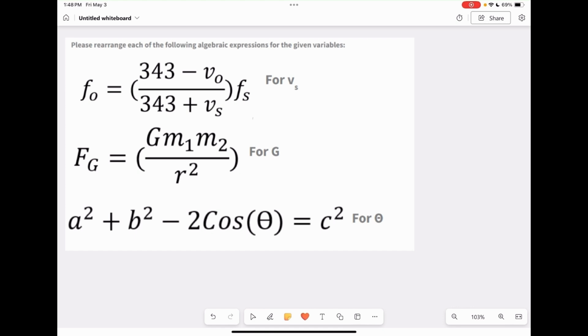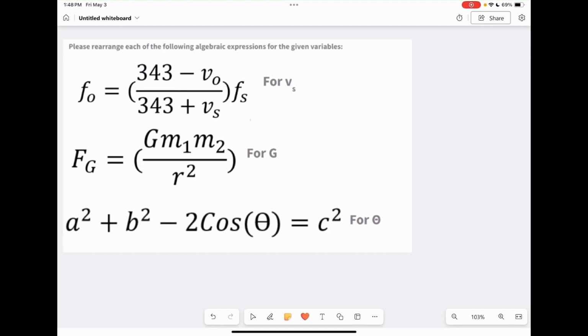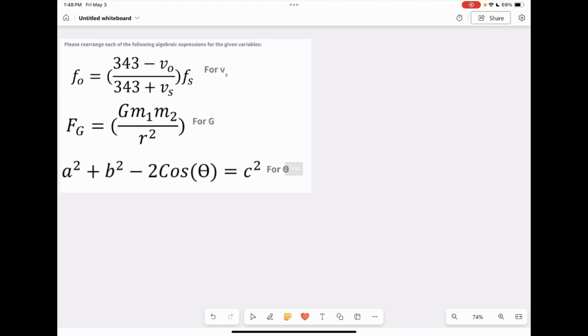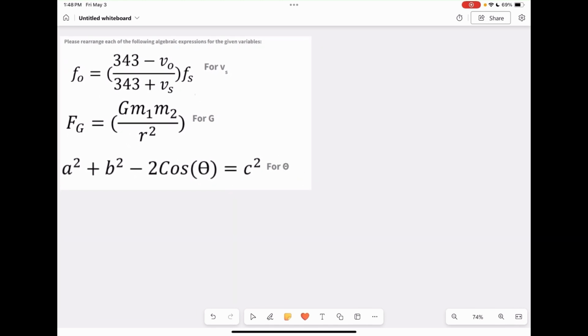So we want to get Vs up to the top and solve for Vs so that it's by itself. Sorry, I'm trying to mess with my scaling. I want to make sure I'm able to see this, but not be cramped. Okay, so I get F naught equals 343 minus V naught over 343 plus Vs, all of this multiplied by Fs.